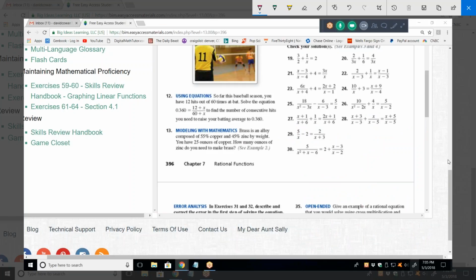Rather than solving 20 by finding a least common denominator for those two terms, find a least common denominator for all three denominators. 18x? Least common denominator. Okay. 18x is a common denominator, I'll give you that.